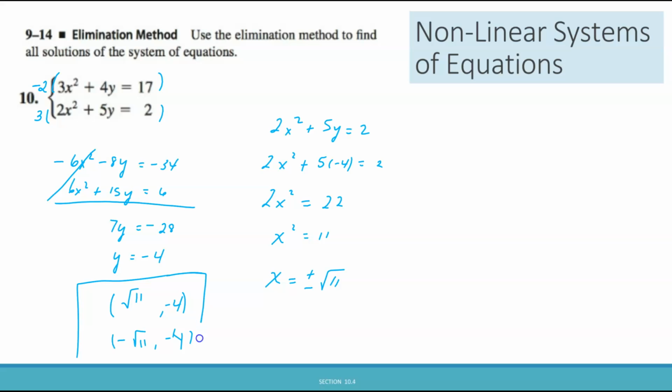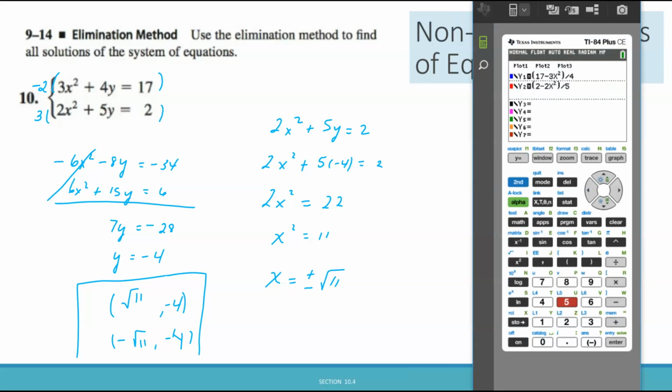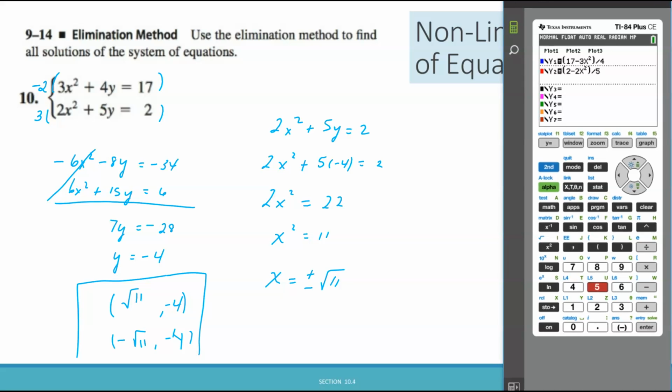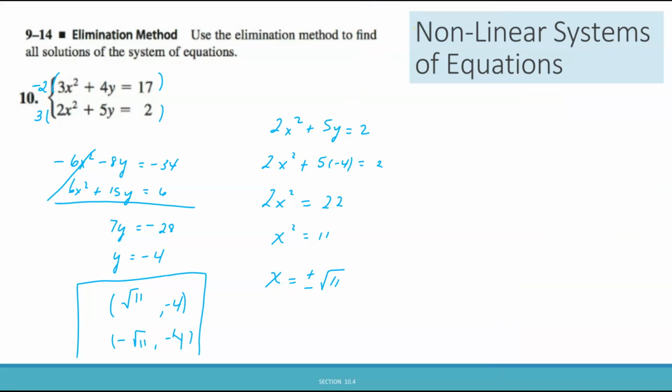Okay, so in this case, let's go ahead and check our answer. So let's grab our graphing calculator. To put it in the calculator, we need to have both of these as y equals. Okay, so let's see if we can get both of these as y equals.